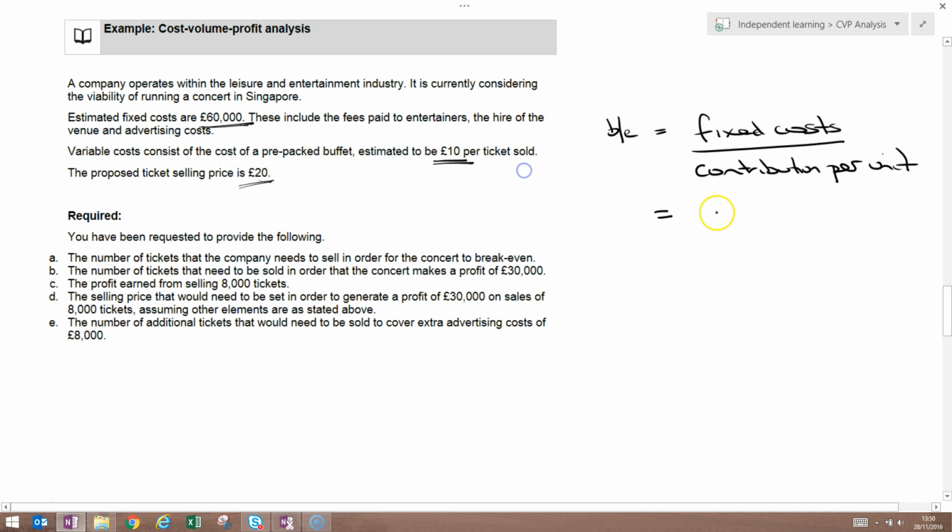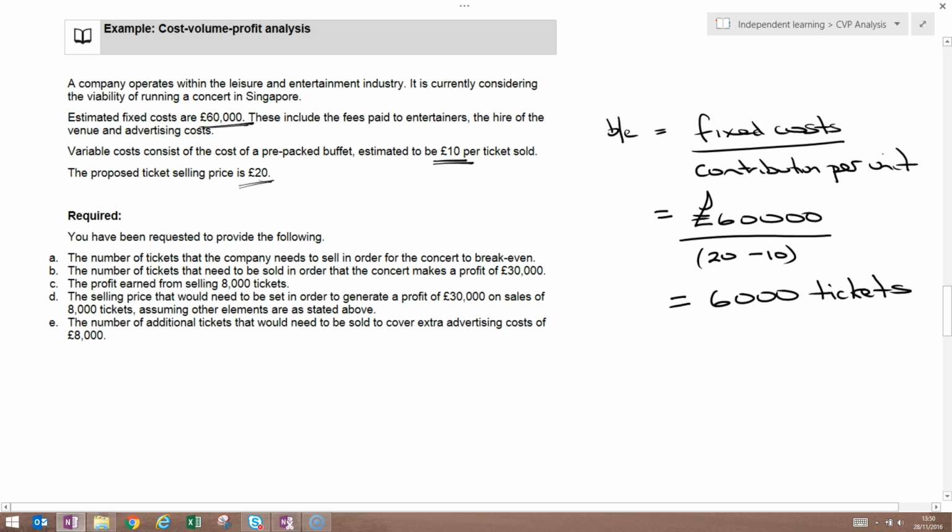So that is fixed costs of £60,000 divided by the contribution per unit. Contribution per unit is the selling price minus the variable costs. So we've got £60,000 divided by 10, which means to break even we have to sell 6,000 tickets, because this formula gives us a break-even in units, and our units are tickets.